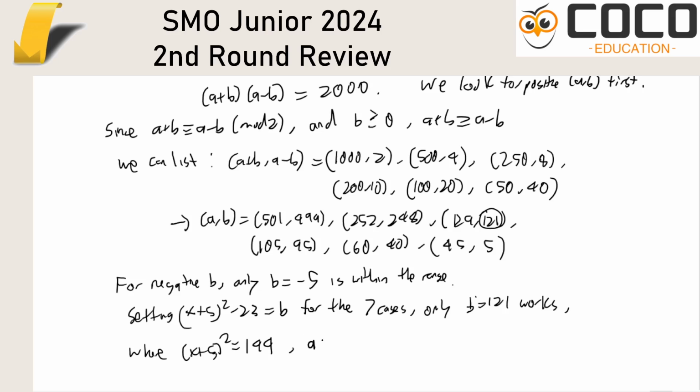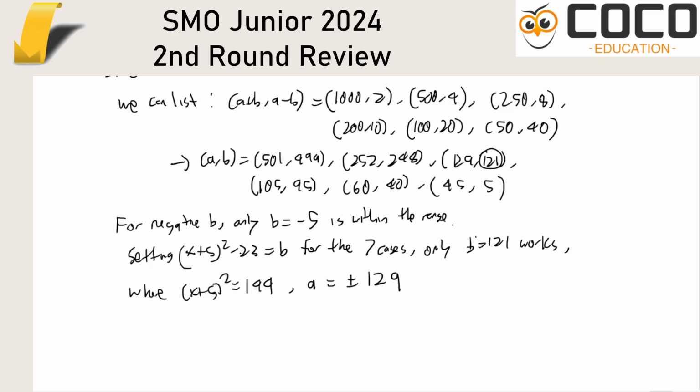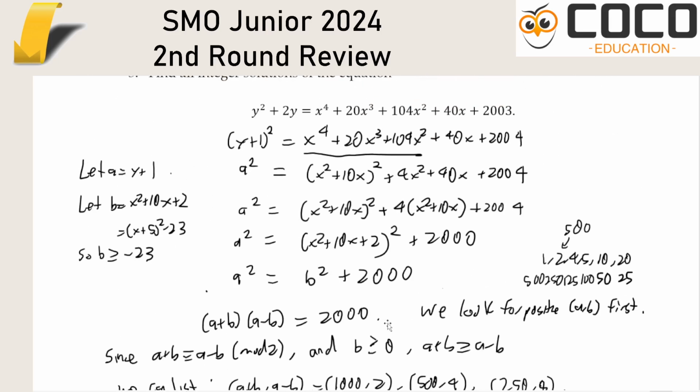And then now a is plus or minus 129. So x plus 5 is plus or minus 12. a is y plus 1.